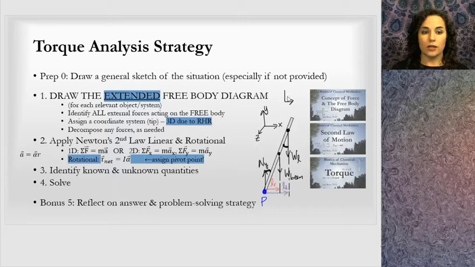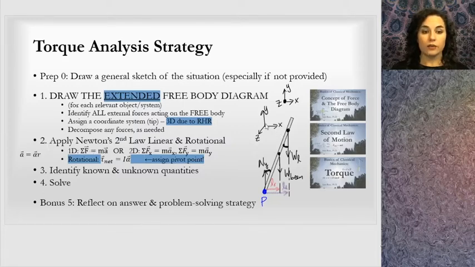You could draw an equivalent system that looks like this, x, y, and then draw the dot for coming out of the page for z. That would be a perfectly fine coordinate system as well. And that way, when you get clockwise or counterclockwise torque, which result in right-hand rule being into or out of the page, you can denote it with a positive or negative sign in your equations, just like you did for x and y components.